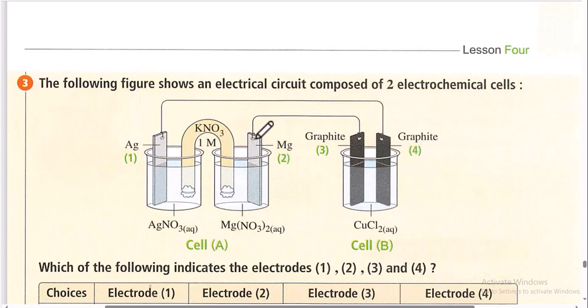Here we have the more active element magnesium and the less active element silver, and there is a salt bridge. Graphite and graphite, same electrolyte, will not produce any electric current, but here there is the more active element magnesium, the less active element silver, and a salt bridge.